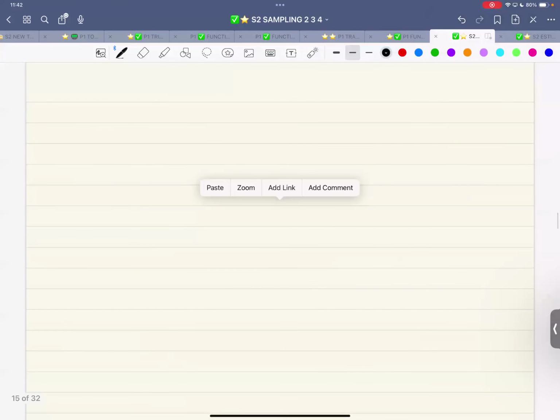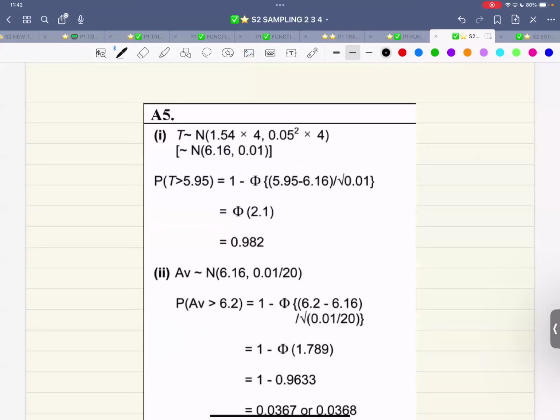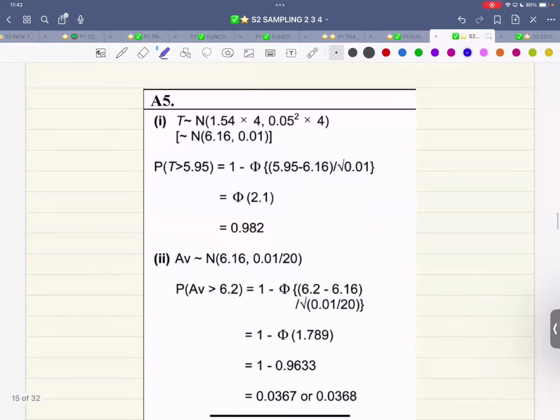First of all, look at the first part. That is what we have already done. That is this thing: 1.54 is multiplied by 4, and the variance is multiplied by 4. That is 6.16 and 0.01. Probability total is greater than 5.95. You apply and then you get this answer.